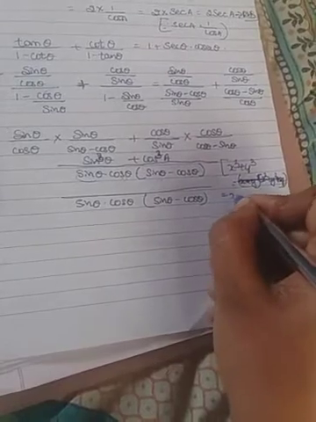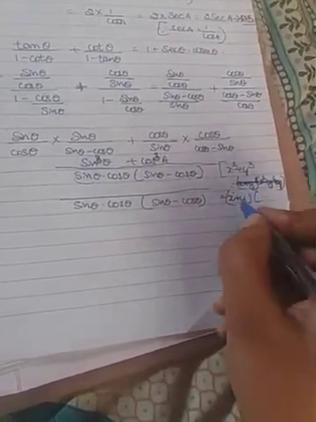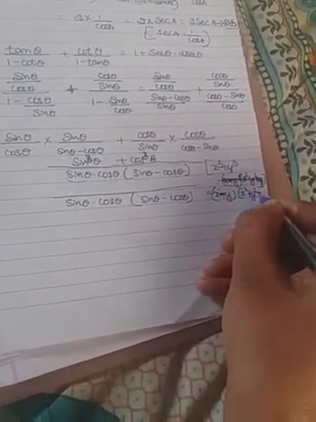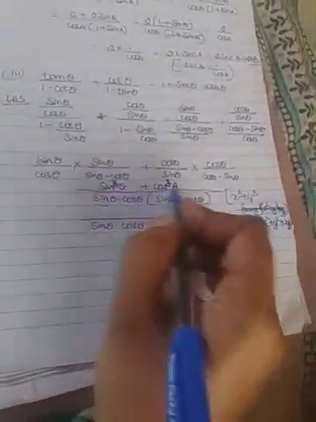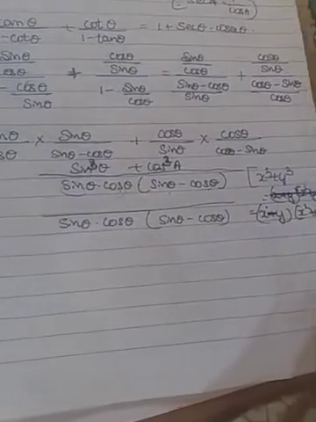Here I am writing x minus y into x square plus y square plus xy for the difference of cubes. So instead of a cube, we can take sin as x, sin cube as x cube, and cos cube as y cube.